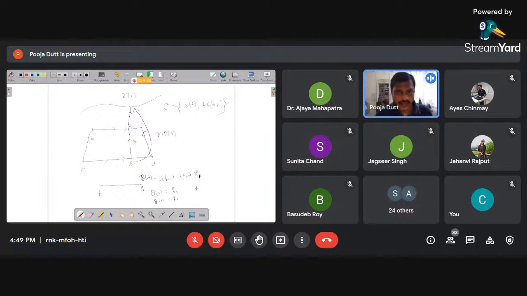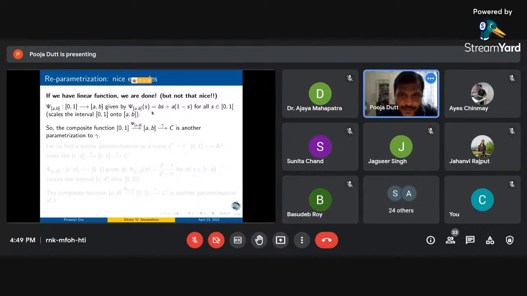And that exactly has been done here. Here, the last point is B, first point is A. I'm thinking about the parameter s. So B times s plus A times 1 minus s. And then the function, which I have given the name psi AB, transforms the interval 0, 1 to AB.